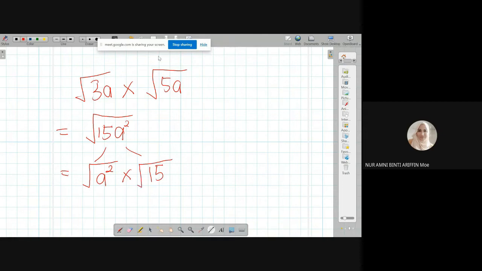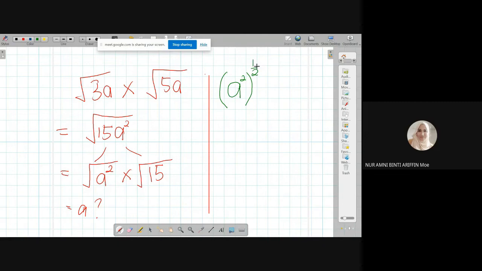Okay guys, why suddenly the A square root becomes A? Why? Because if you write it in the form of index, this question will be like this: A square in bracket 1/2.